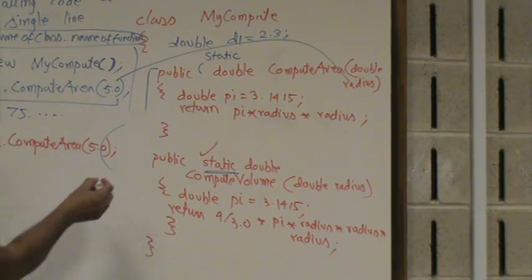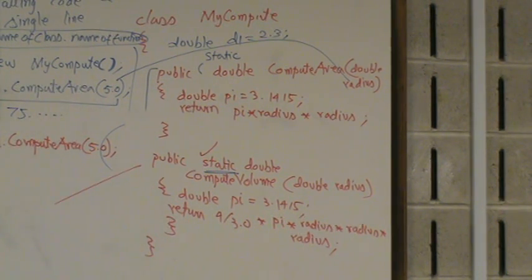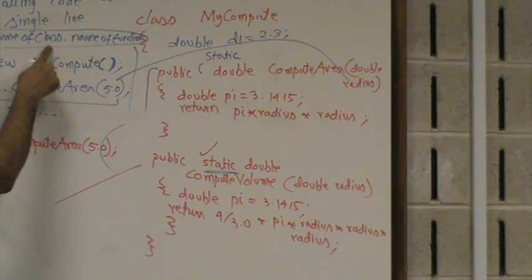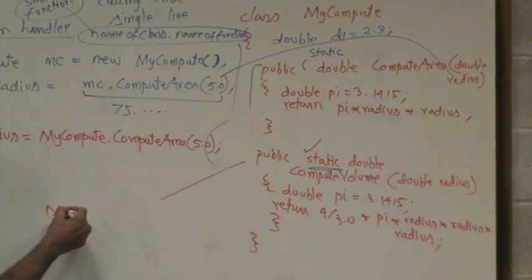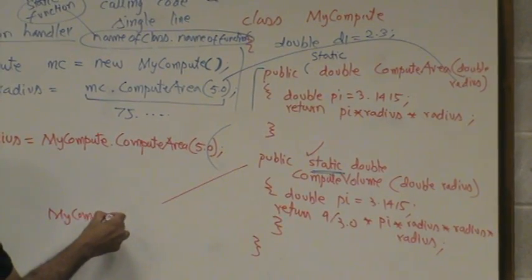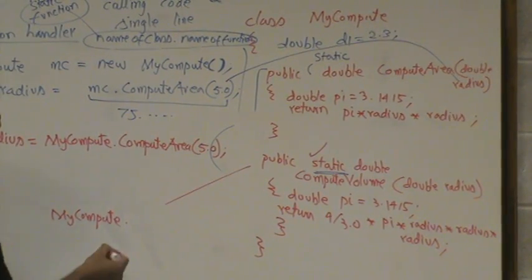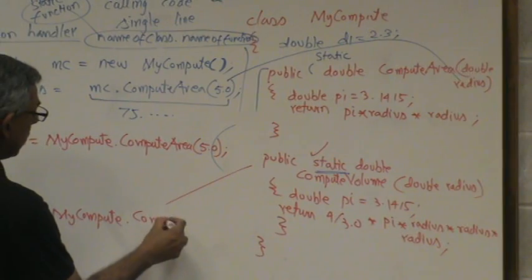Because it's static, how will somebody call it? Name of the class, dot, name of the function. So what's the name of the class? MyCompute, dot, what's the name of the function? Compute volume.